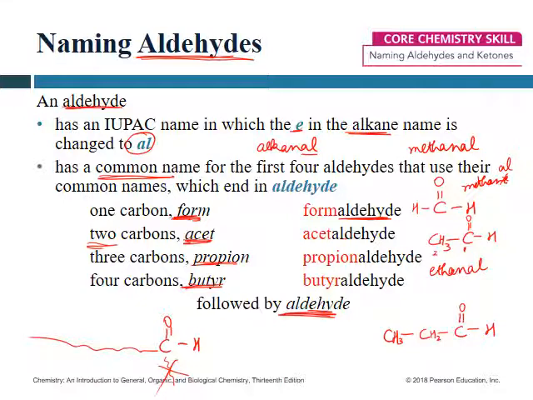So ethanal. Okay, that's not, methanol is an ol, right? The alcohol. Alcohol would be methanol. So alcohol gets ol at the end. Aldehydes get al at the end. Okay. So in this case, this would be ethanal.